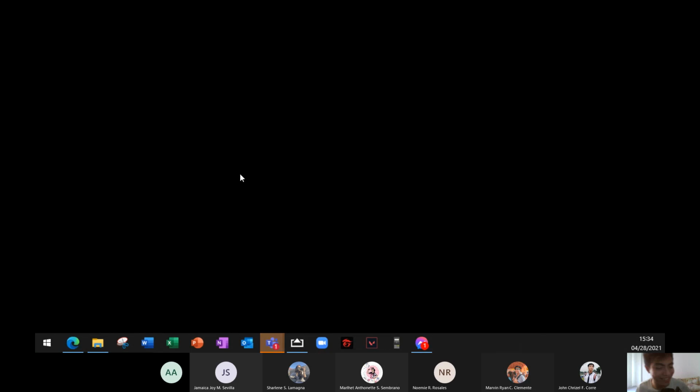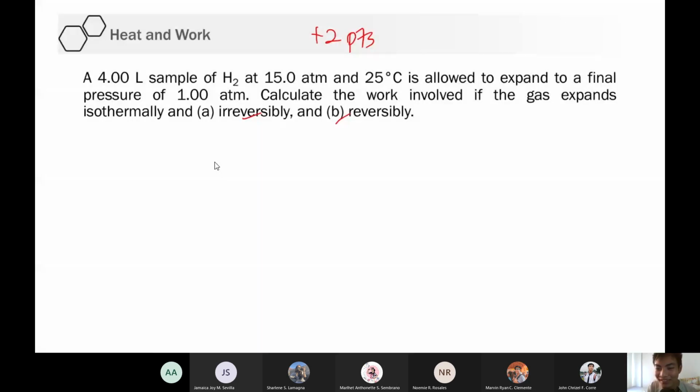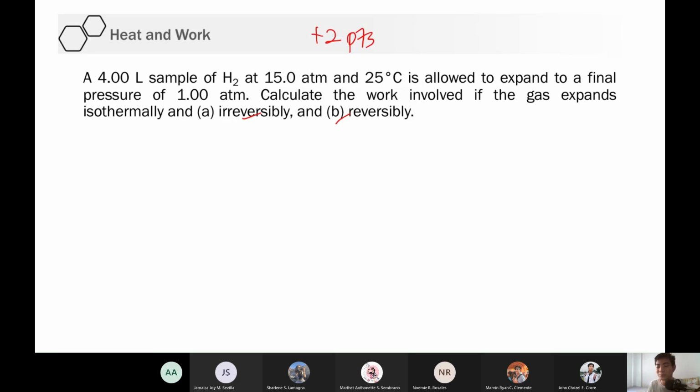Wait lang. Ayan. Wait, sir. Try po namin. Sure. Bigay ko na sagot, no? Ito. So, ang hirap, no? Ganito, start tayo with the given. So, we have, ayusin ko sulat ko, given.